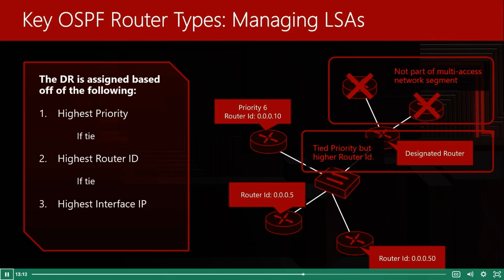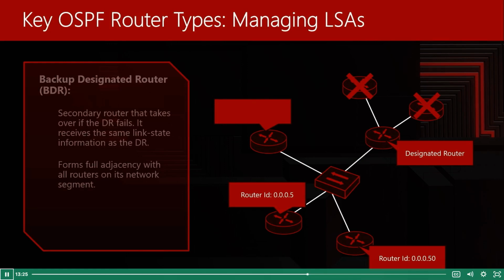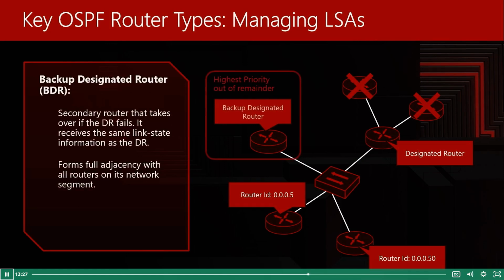It is going to be the designated router just based on the router ID, which is higher, because the priorities were tied. The other routers are just going to be DR others. Once the designated router is defined, we do the same process again to define a backup designated router for a broadcast network.